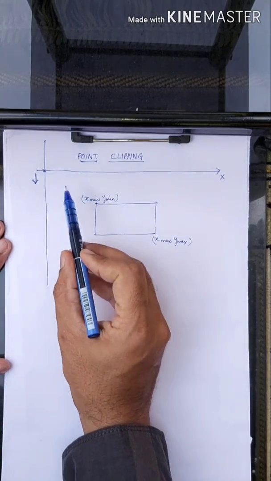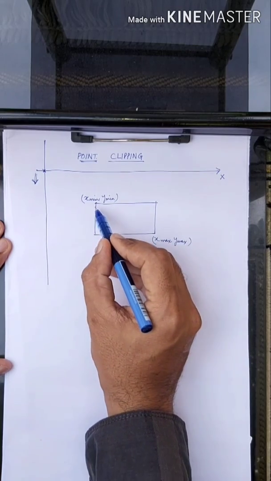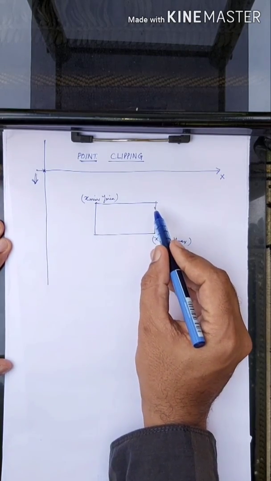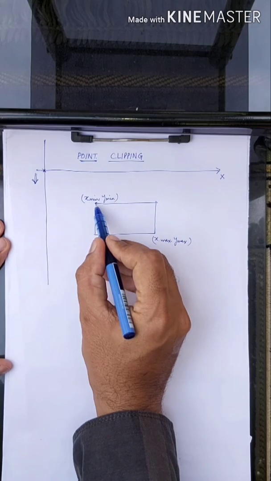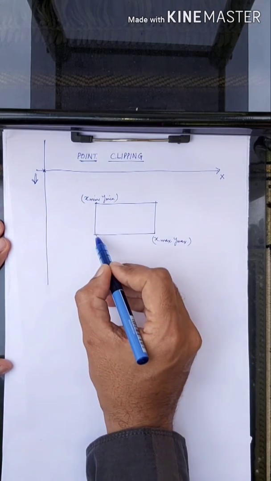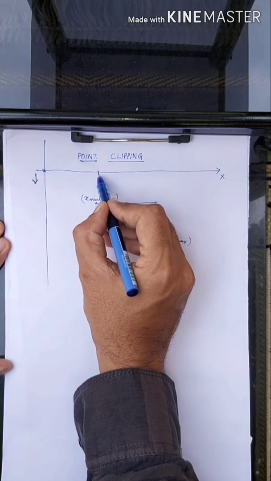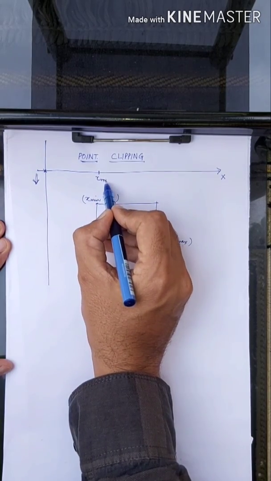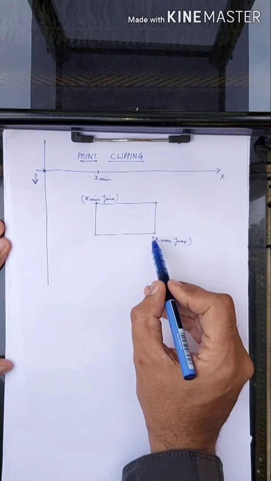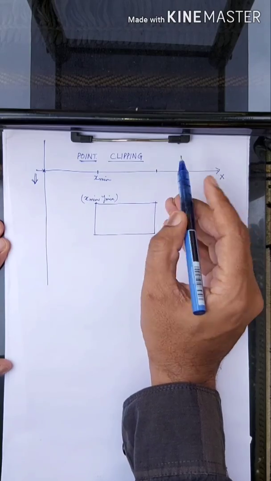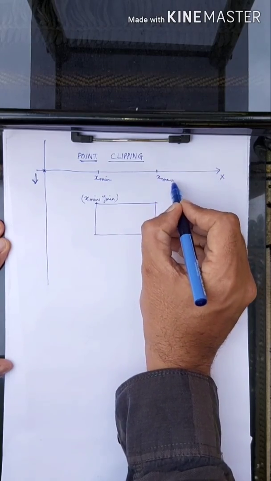Suppose this is the clipping window, and if I mark this point in the horizontal direction, this is x min and this point is x max.